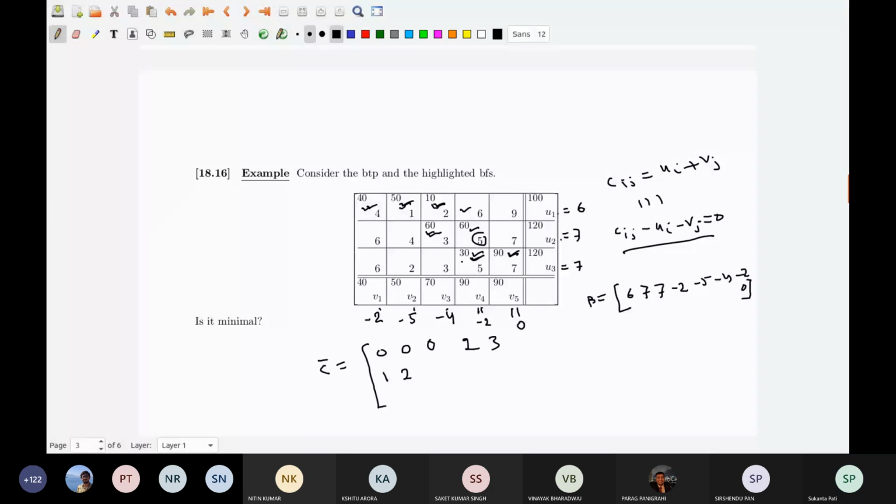What about 2/5? 7 minus 7 minus 0, that is 0. What about 3/1th square? 6 minus 7 plus 2, 1. What is the next one? 2 plus 5 minus 7, 0. Next one, 3 plus 4 minus 7, 0. Next two are basic squares, it will be 0. So that is your C bar matrix. Okay, and this is greater than or equal to 0. Therefore, you conclude that the current BFS is minimal. Okay, so that is what it is.